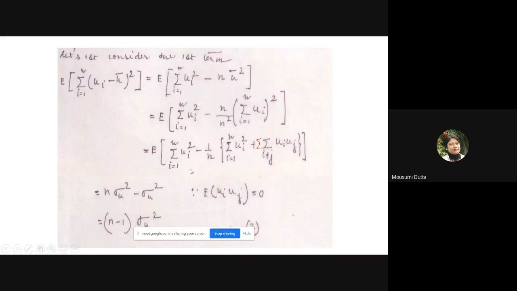Next, I'm operating expectation on each of the 2 terms. Summation expectation of ui square. Expectation of ui square is sigma u square. So summation expectation of ui square means n sigma u square. Minus 1 by n summation expectation of ui square, that means again n sigma u square. So minus n sigma u square by n, which is simply sigma u square.